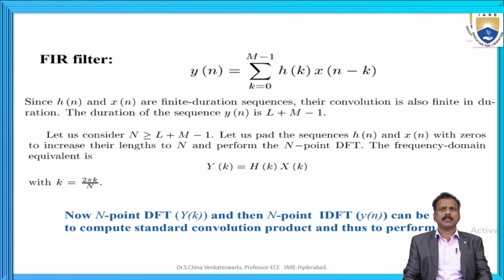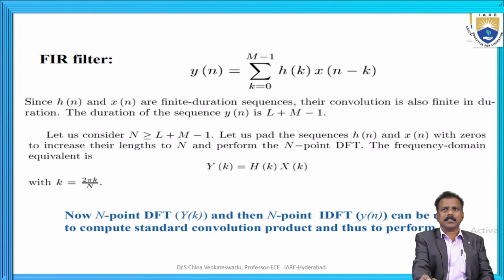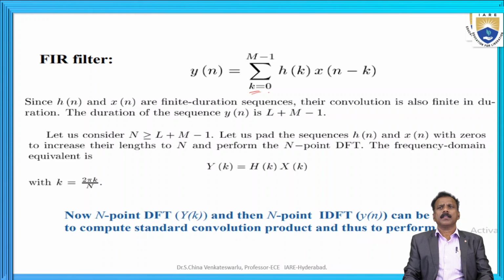So, with this, the FIR filter, the finite impulse response filter, where the output response is y of n equal to the summation k equal to 0 to M minus 1, h of k, x of n minus k, since h of n and x of n are finite duration sequences.